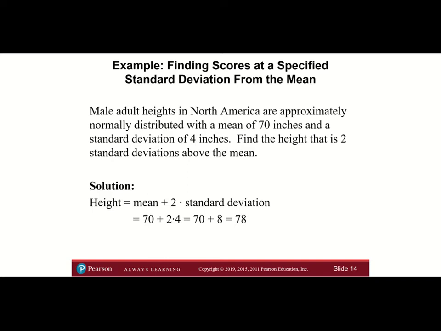Our mean is 70, and they want 2 standard deviations above. So they did 2 times 4, because 4 is our standard deviation. So you would add 8 inches to your height. 70 plus 8 gives us 78 inches. And that would be the height that is 2 standard deviations above the mean.